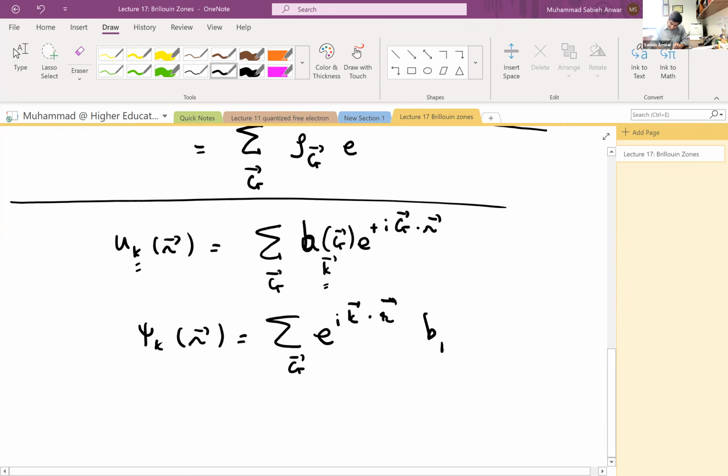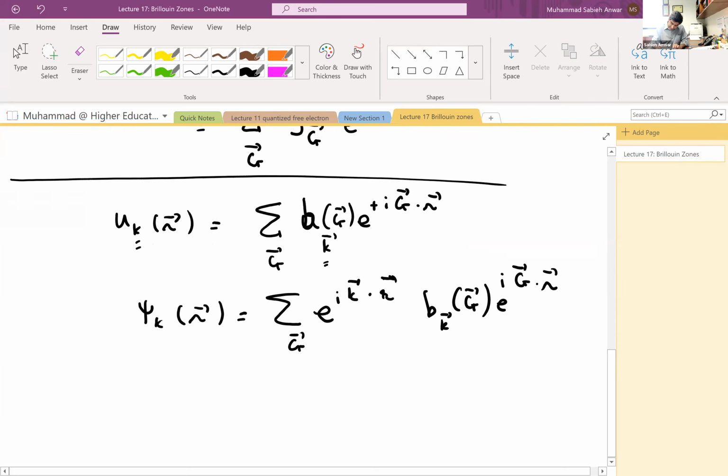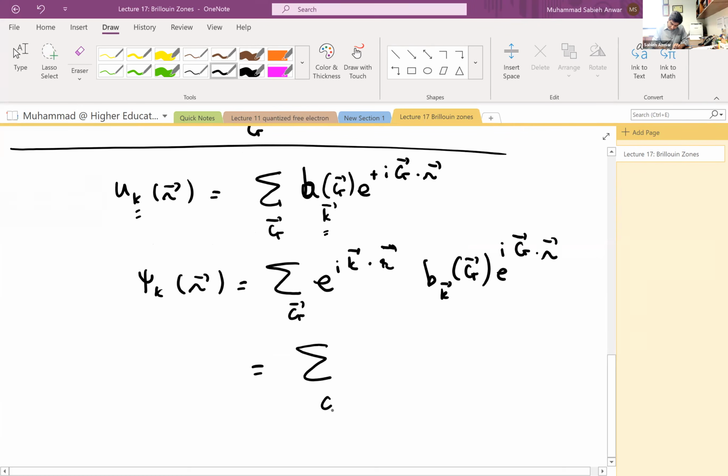I get b_{k,g} e^{i g} dotted with r. This becomes b_{k,g} e^{i(k+g)} dotted with r. So this is the third form of Bloch's theorem.